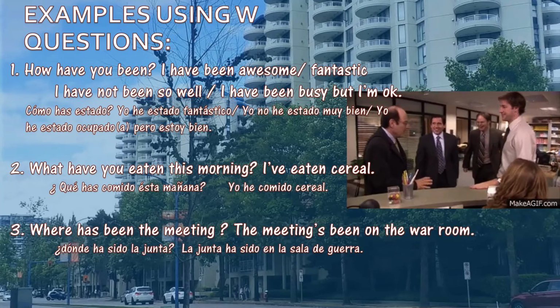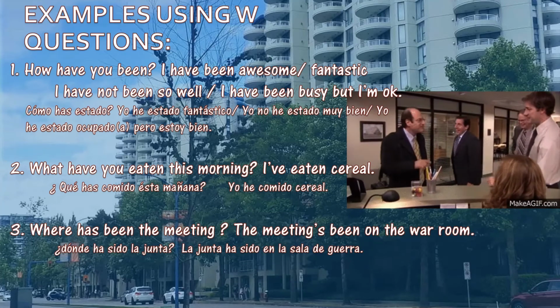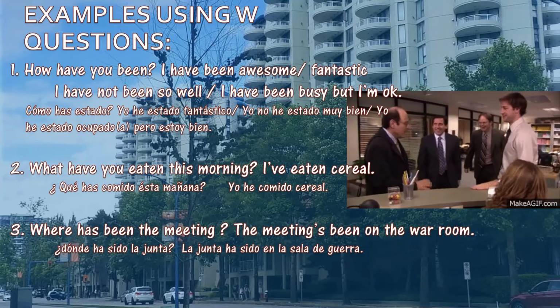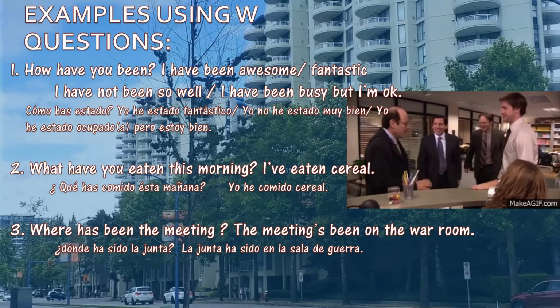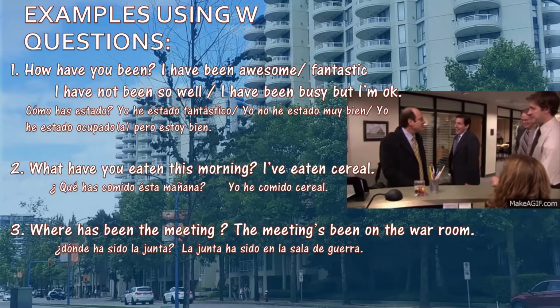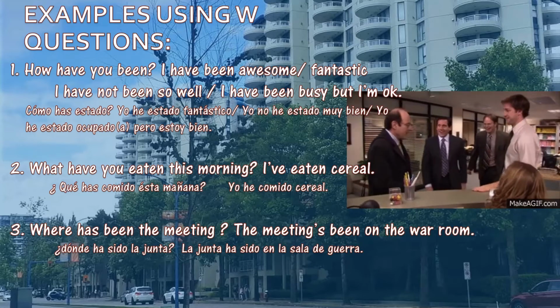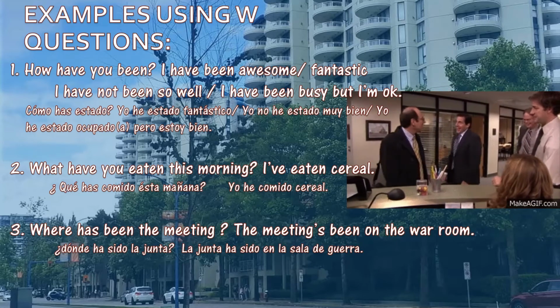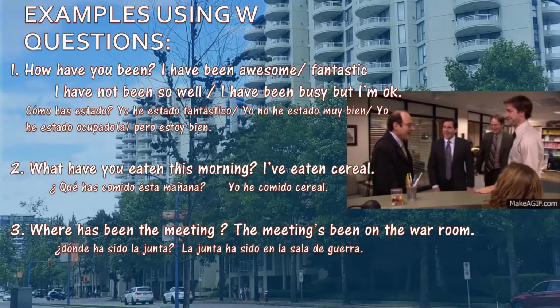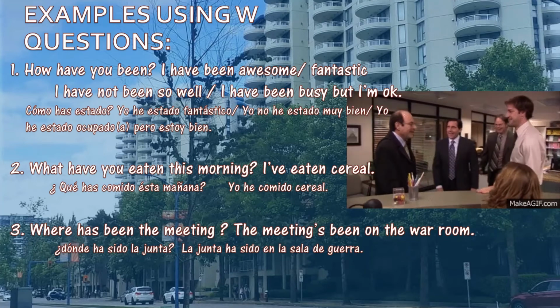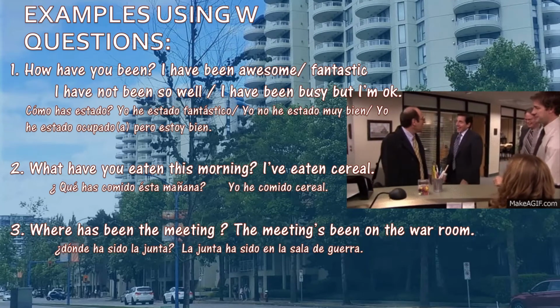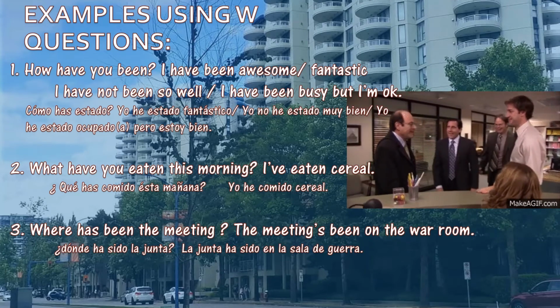And number 3, where has been the meeting? The meeting has been in the war room. And again, we could see here the contraction of has: the meeting's been in the war room. The contraction could look like a contraction of the to be verb in present, but no, you have to be so careful.